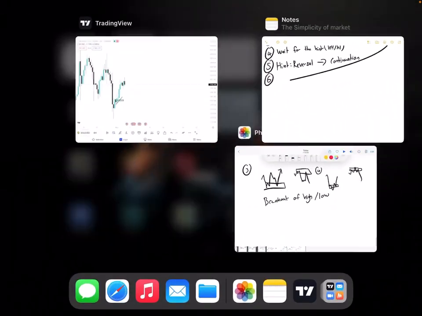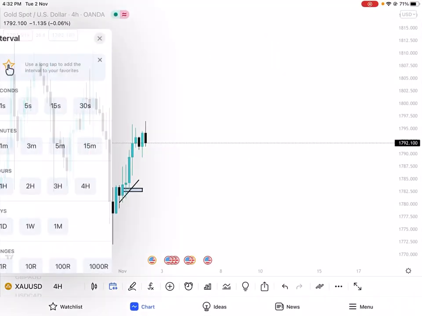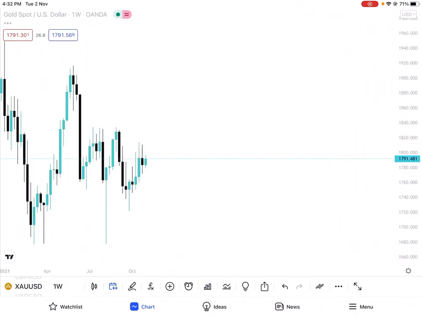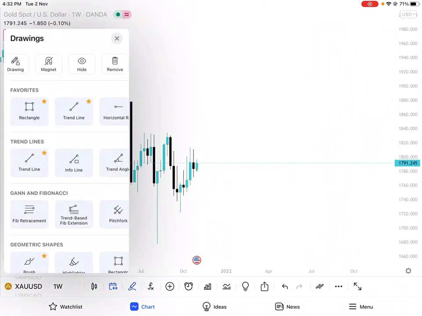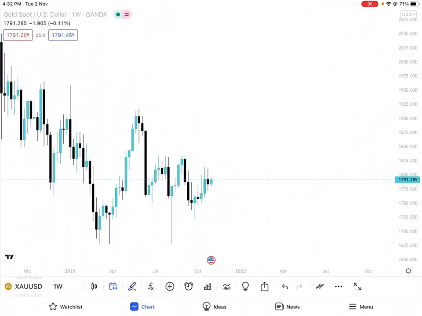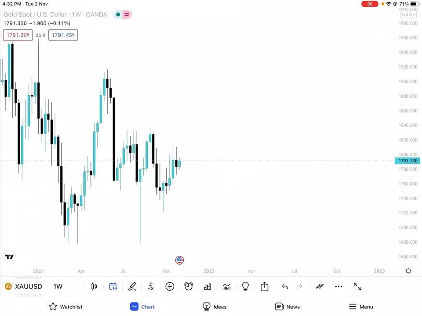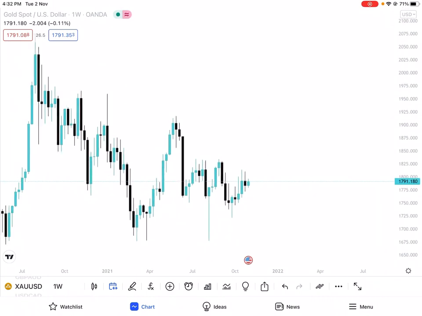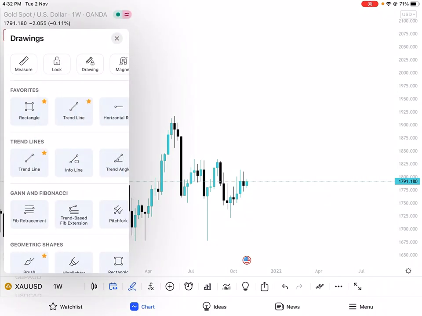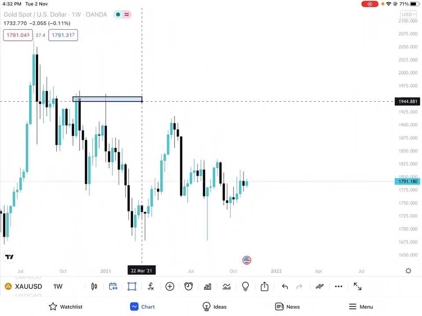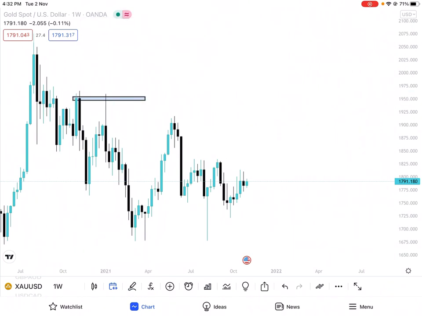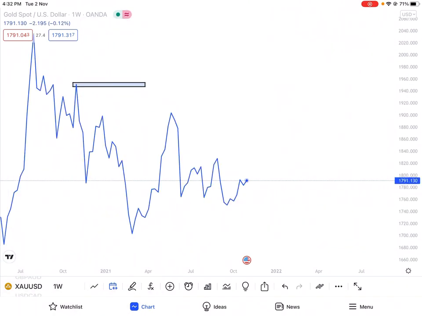So let's go to the chart. I will open weekly as an example. Here we have a weekly level. See, this is weekly.